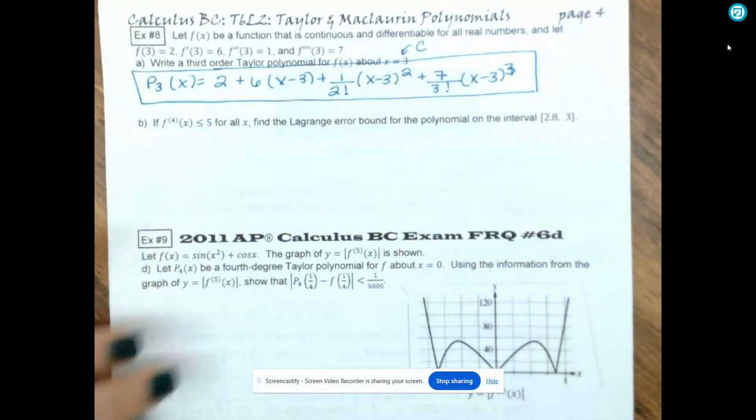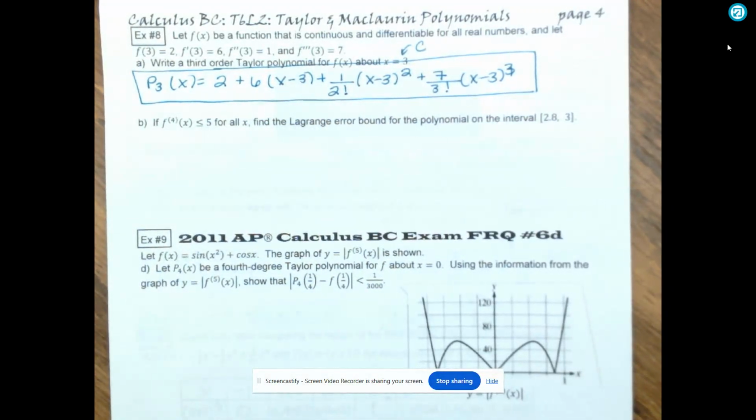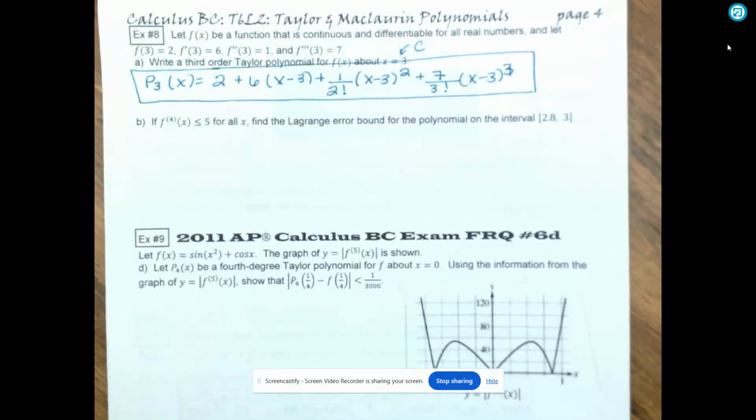Then they go on to say, if the fourth derivative of f is less than or equal to 5 for all x, find the Lagrange error bound for the polynomial on the interval 2.8 to 3.